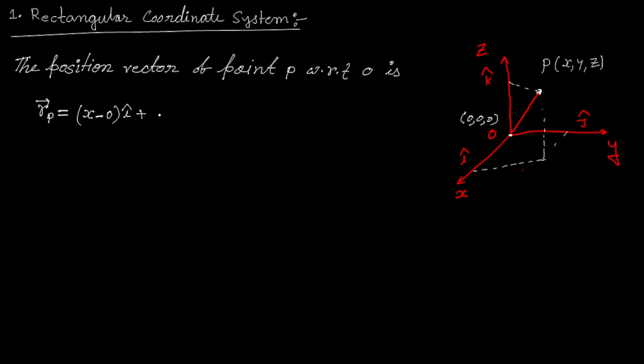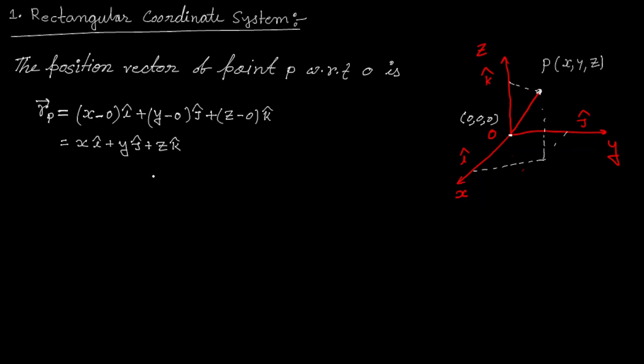Similarly, we can write the y component: first the y coordinate of point P, then a minus sign, then the y coordinate of the origin, which is 0, so (y minus 0) times j cap. And similarly for the z component, (z minus 0) times k cap. If we simplify it, we get x i cap, plus y j cap, plus z k cap. So this is the position vector of point P.